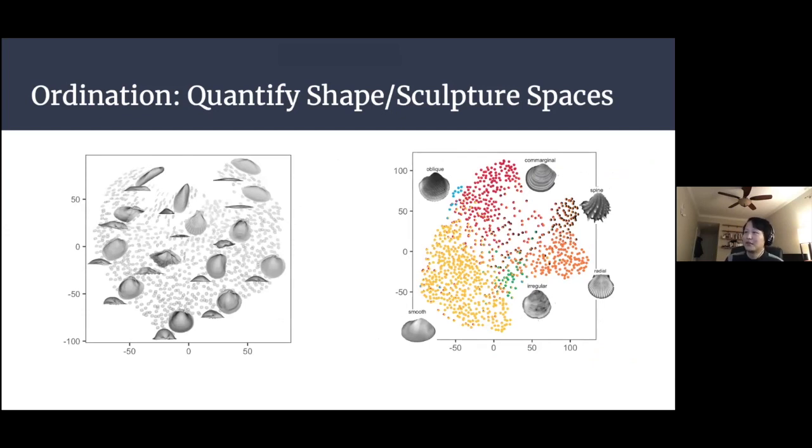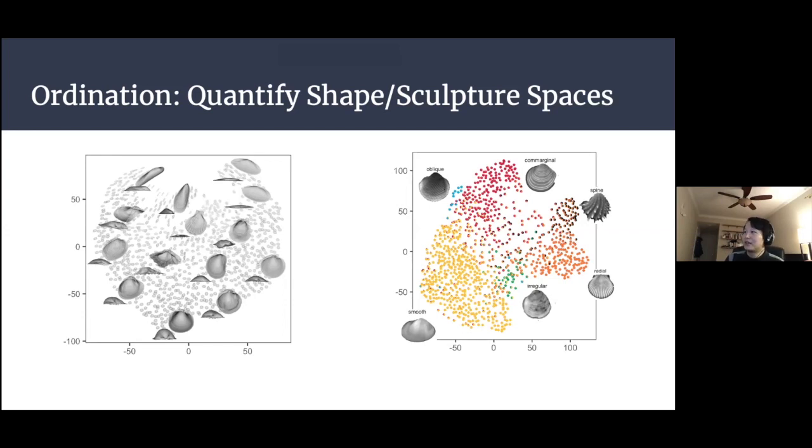We assume all the descriptors have already encoded the variability we would like the feature vectors to capture. On the left, this is a quantification of the space of shapes. This is where the PCA scores are used, and they can arrange the shapes according to the variability or the pattern of deformation across the overall shell.